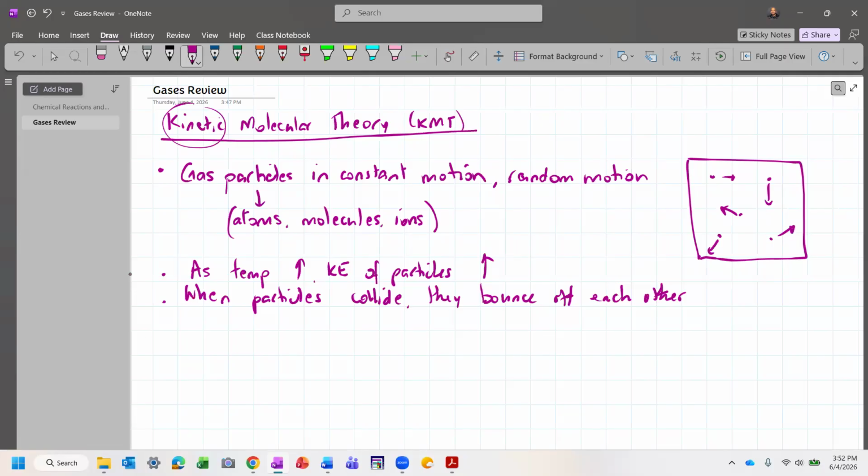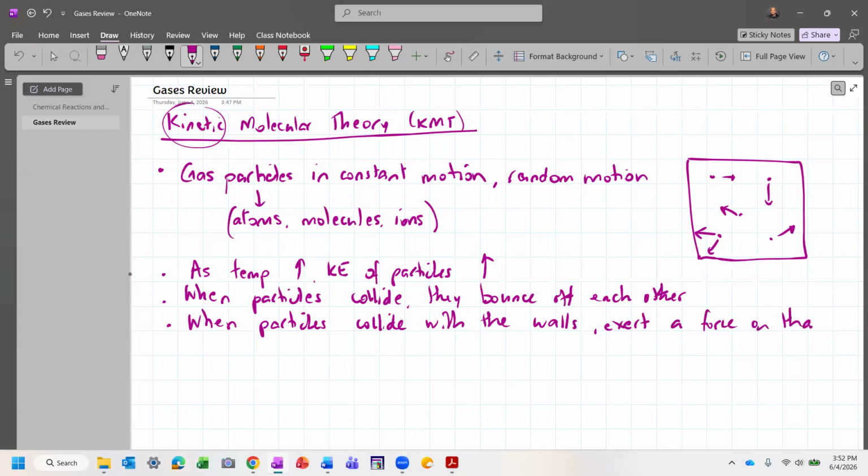And then the other thing to note here is when the particles collide with the walls of the container. For example, when this one here hits that wall, it will exert a force on that area.